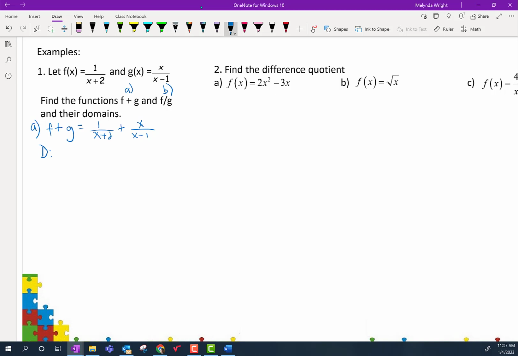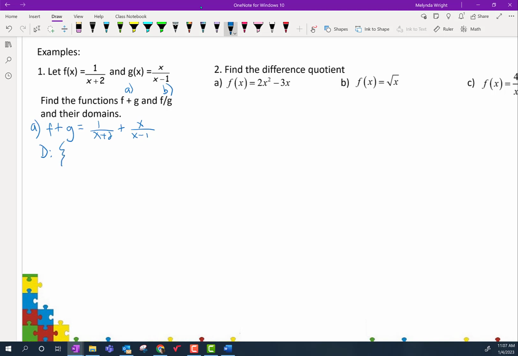If we're in a fraction form, we know the big danger with fractions, right? We can't have the denominator be 0. So we want to think to ourselves, what values would make the denominator 0? We could actually physically set each denominator equal to 0 and figure that out if we can't just look at it. So in this case, x can't be negative 2 and x can't be 1.